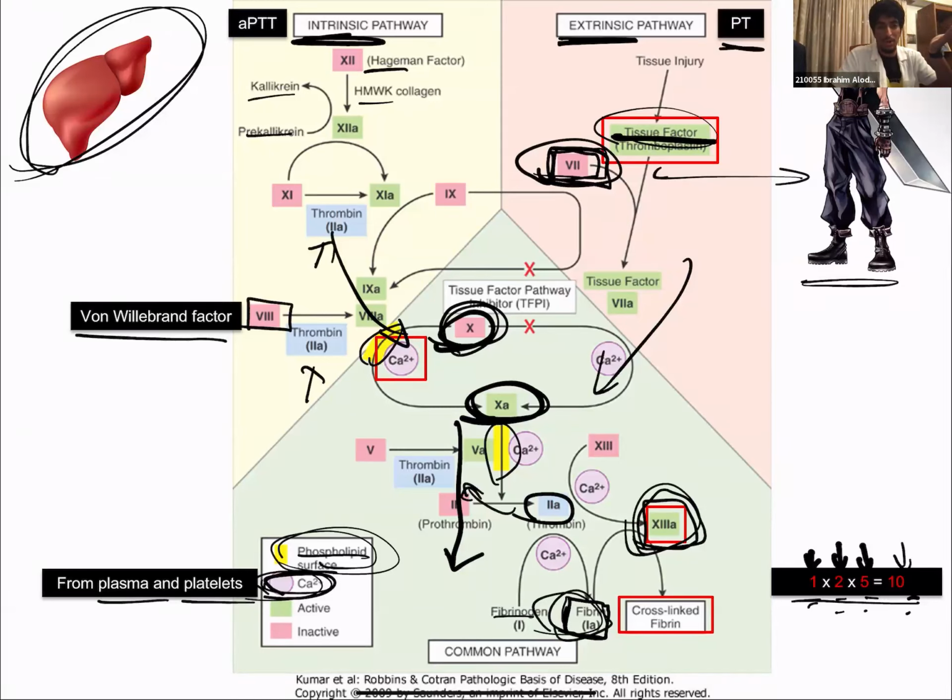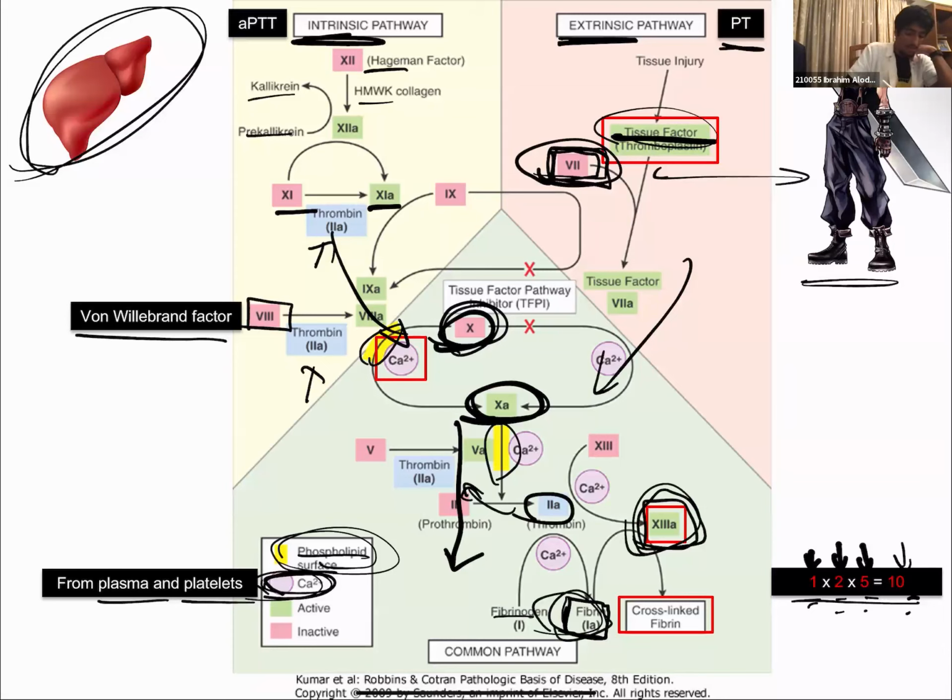You don't really need to know that thrombin is needed to activate factor 11 to 11A. Like I said, a lot of hematological diagrams, especially for the clotting cascade, are pretty complicated. But at your level, just understanding what the clotting cascade is and what the factors are is more than enough, because there's a lot that goes into the activation of a bunch of factors.